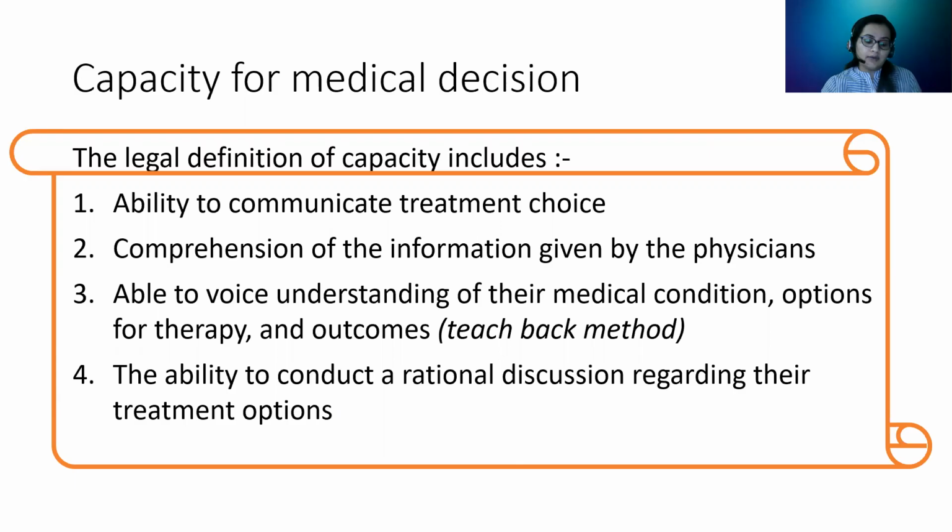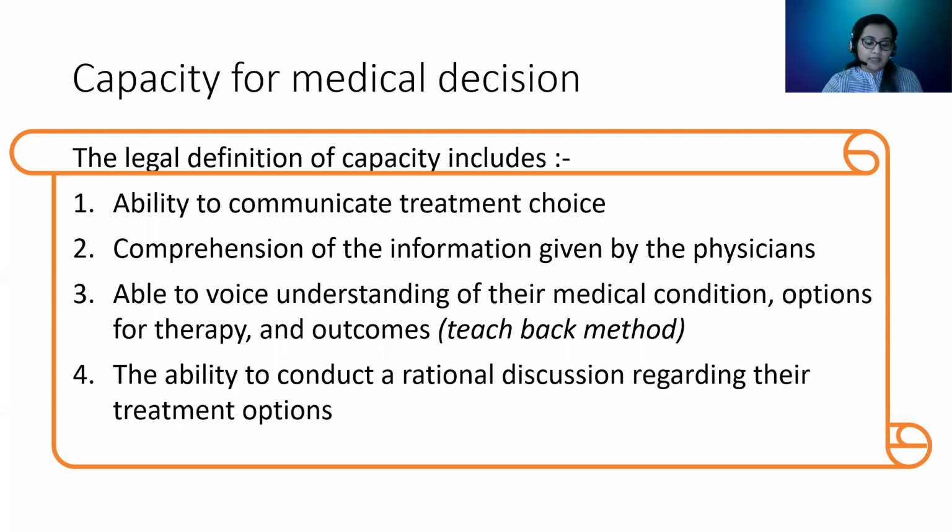There are 4 legal criteria for medical decision-making capacity. First is their ability to communicate treatment choice. Second is to understand the information communicated by the physician. Next is being able to voice understanding of their medical condition, options for therapy, and outcomes.